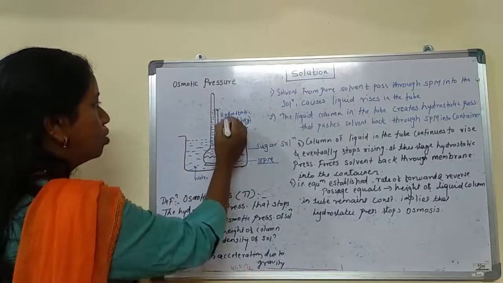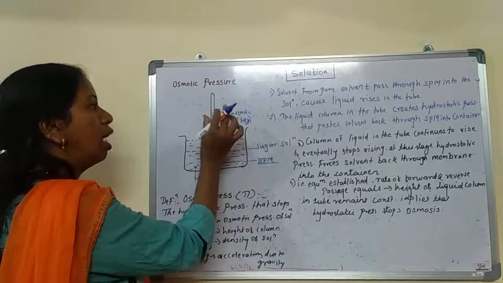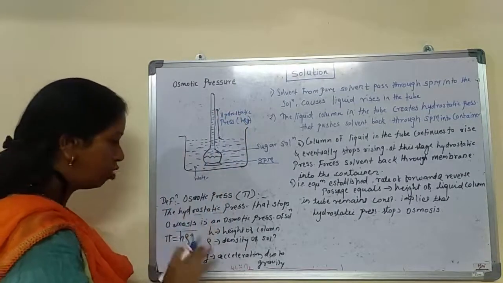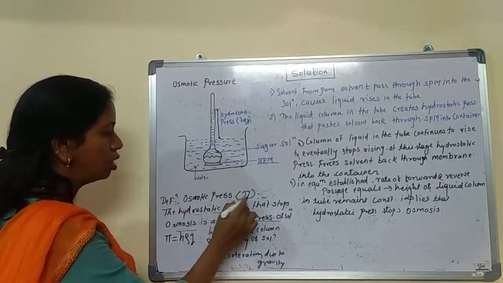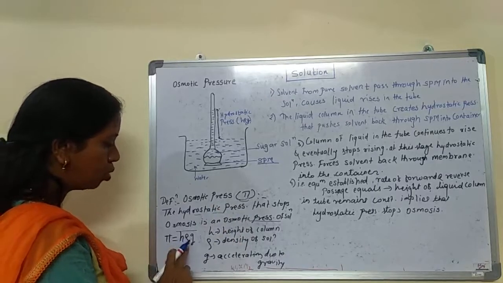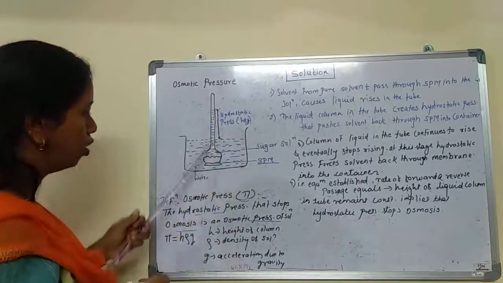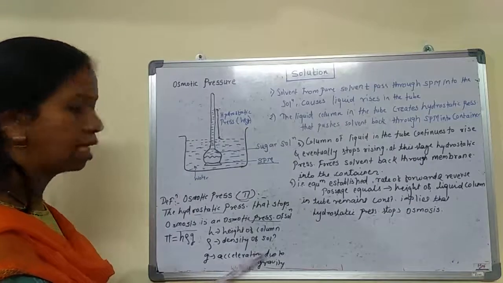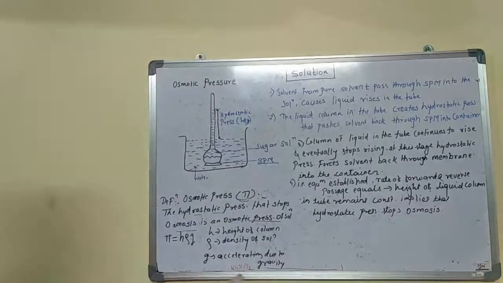Whatever pressure is formed there is known as the hydrostatic pressure, and due to it the osmosis process is stopped. So it is called the osmotic pressure of the solution, which is given as pi. Now pi is equal to h rho g, where h is the height of the column, rho is the density of the solution, and g is the acceleration due to gravity. Thank you.